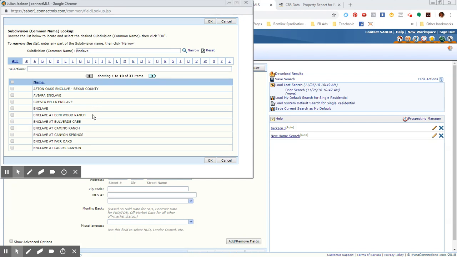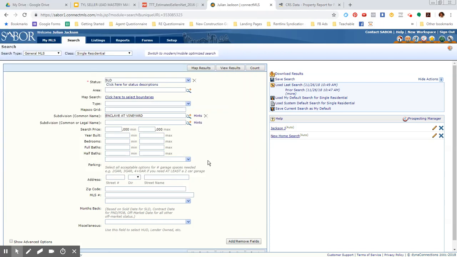And then they have Enclave, Enclave, Enclave. 10 different pages of Enclave now. So let's see which one so far comes up. Okay, there we go. Enclave at the Vineyard. We check that box, hit OK.